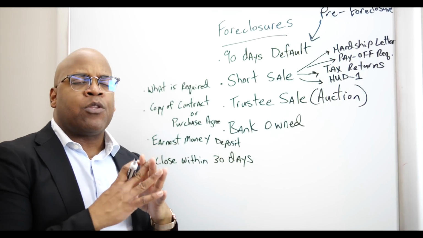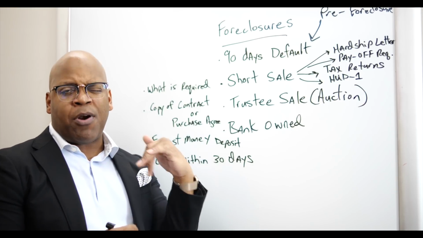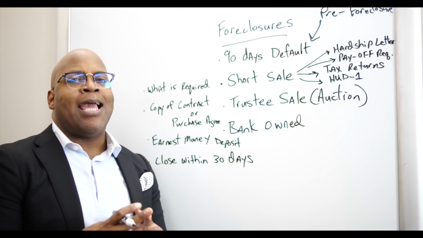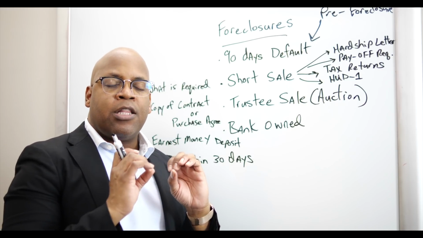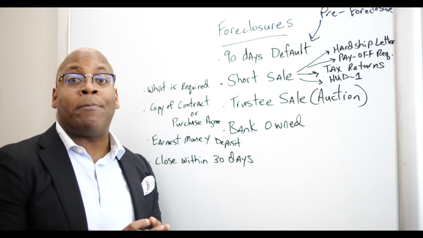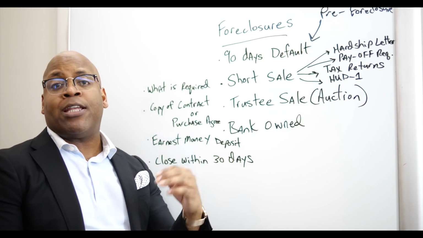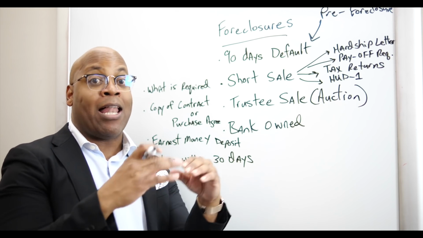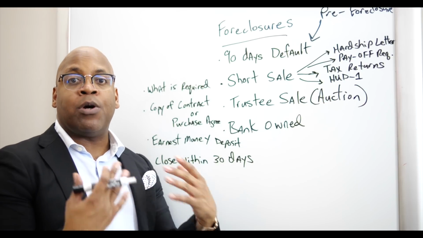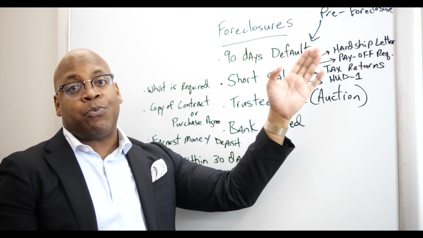And basically what that is, you're sending information to the bank, or you can probably call them or go on their website, and it's a request to find out exactly what your loan balance is, how much you owe the lender, because that's going to be very important when the lender makes a decision as to how much money, or how little money, they're willing to accept. They need to know what your outstanding debts are with the other lenders.